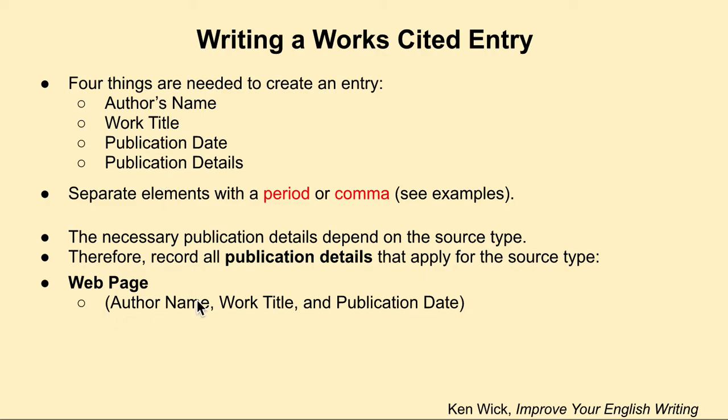You always need the author's name, the work title, and the publication date. Along with that, all these bullet items are the publication details, and that's the website name, the URL, and the access date. Even if you have a publication date, write down the date that you accessed it.